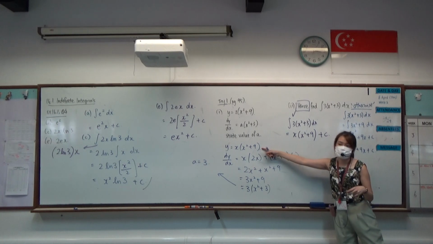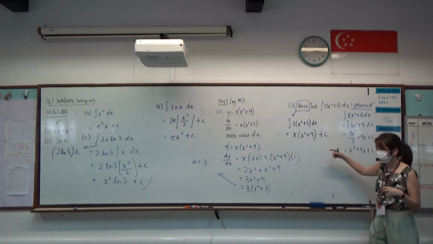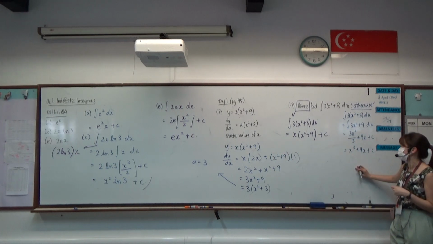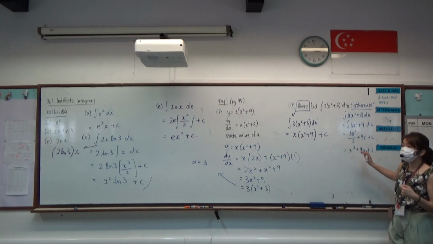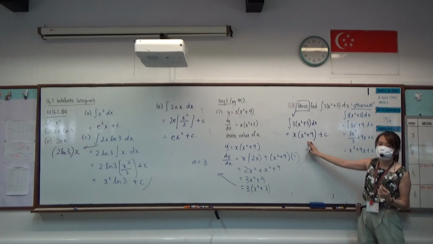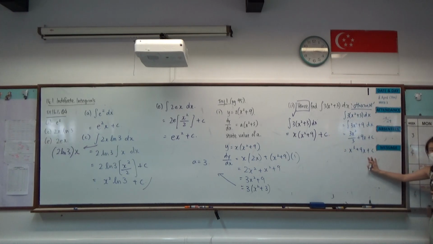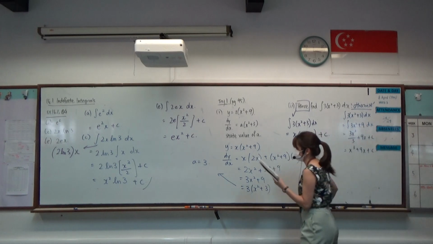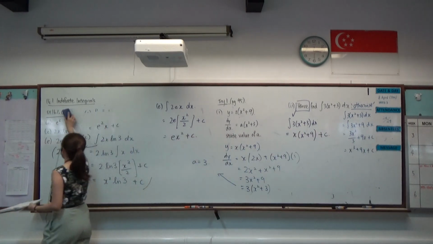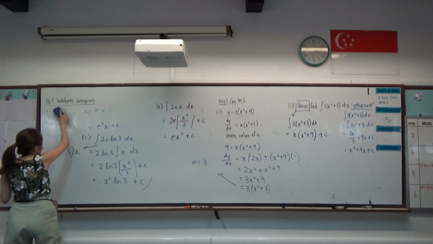This is a very important concept, especially when we look at applications itself. Are these two the same? It is, because if you expand this, we do get back the same thing. But it's not all the time that I will have the skill in being able to integrate in the otherwise method. So giving another example.